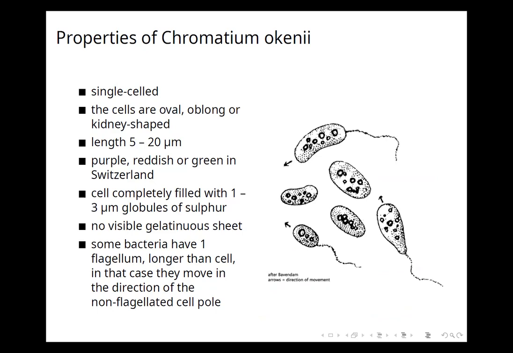The main interest of previous research was the color of this bacteria. It can be purple or reddish, but recently in Switzerland a lake with this bacteria was found which has a green color, and people tried to explain why.